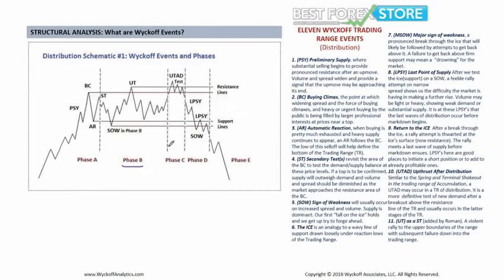In phase B, during the distribution, we would be looking for the signs of weakness, minor signs of weakness in phase B, upthrust actions where the price commits to the upside temporarily and then goes down almost instantly back into the trading range.